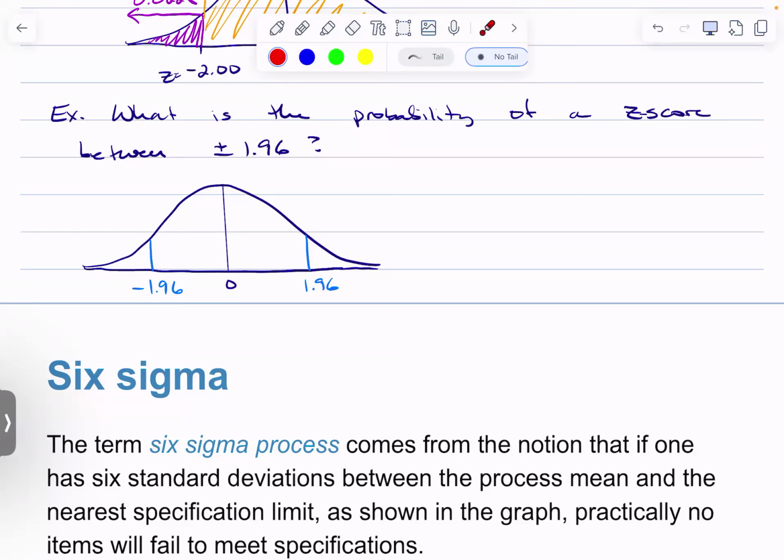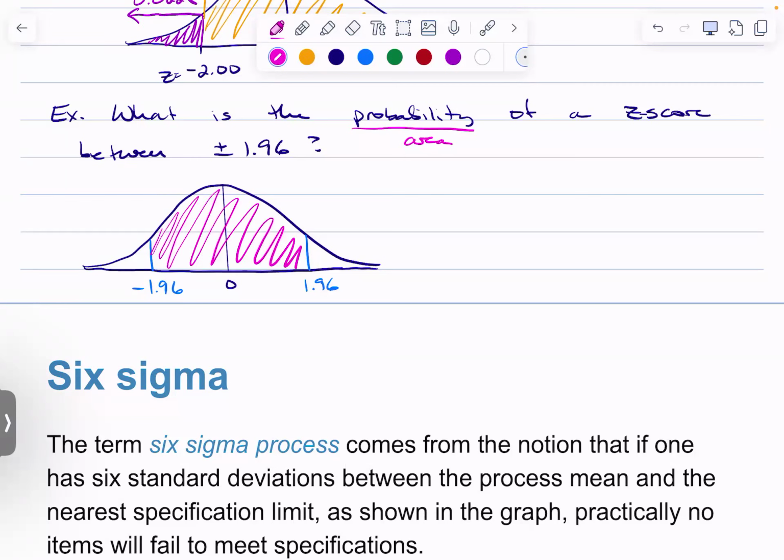But what's the area that we want? The probability is the area, the area that satisfies this condition. We want to have a z-score between these two values, making this the area that I want. I want to find that area. That's a good place to start.